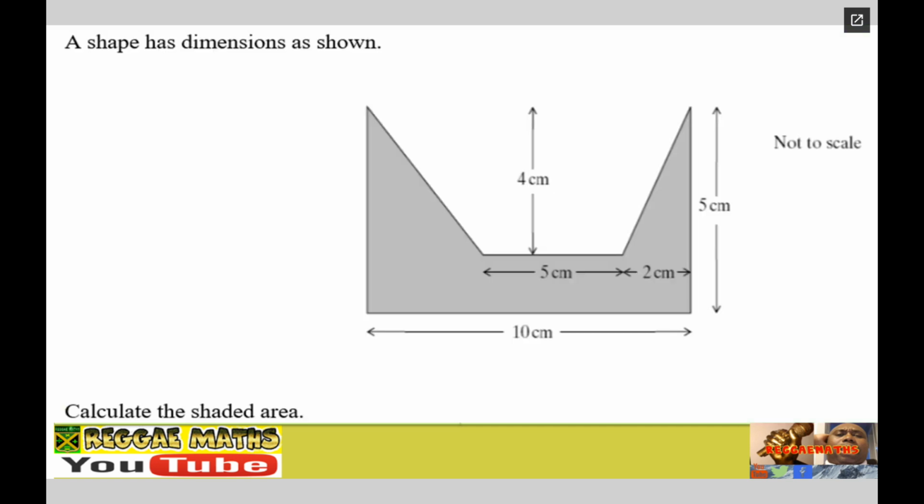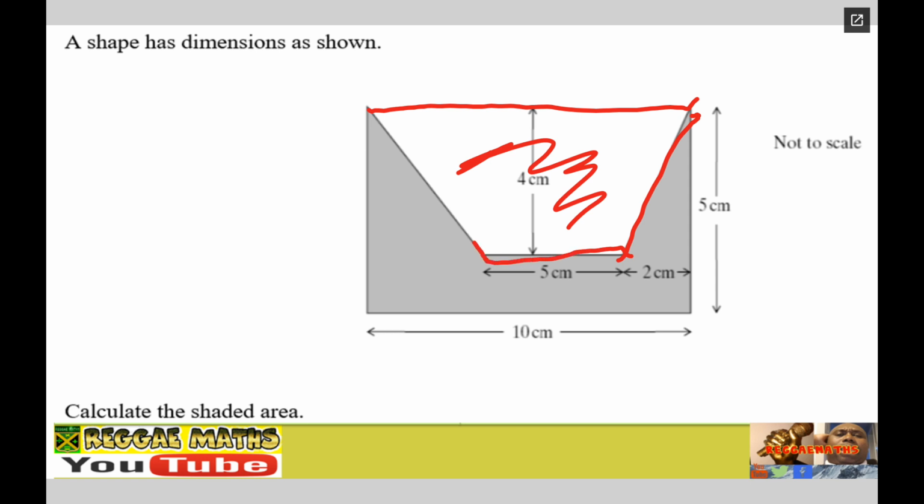Now what we got here says work out the area of the shaded region of this shape. So first of all, if I enclose all of that, I get a rectangle. Work out the area of the rectangle, and if you notice, this white area here is a trapezium.